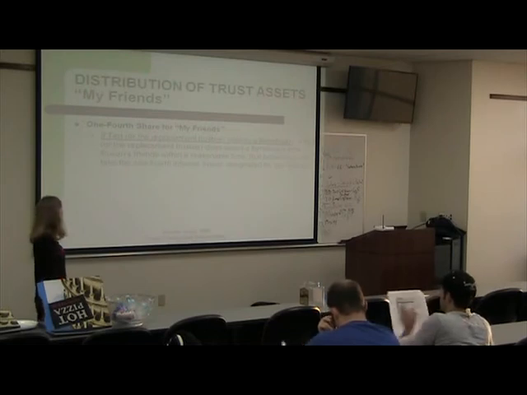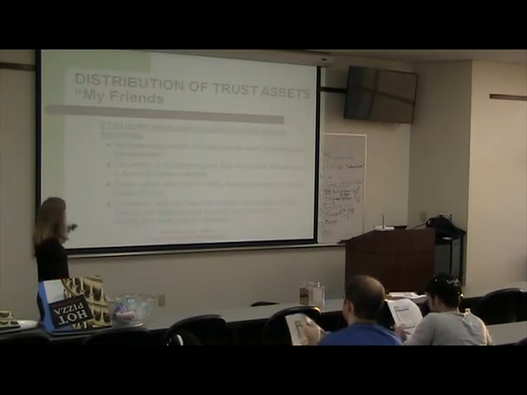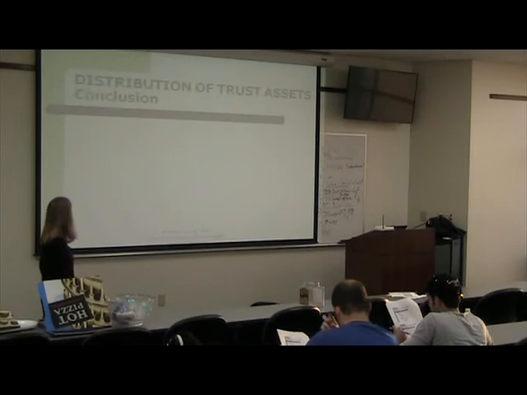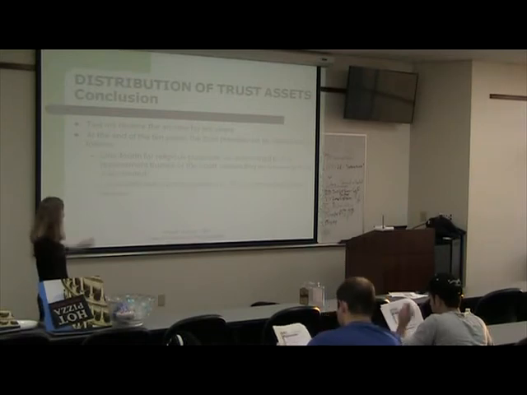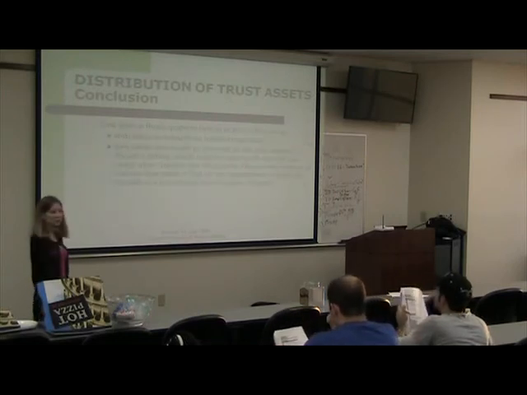And as long as he does so within a reasonable time, they take. If he doesn't, resulting trust, and then of course then Bob does get 75%. So my conclusion, Ted gets the income, and at the end of 10 years, the religious purpose and the friends selected by Ted, and then Bob gets everything.